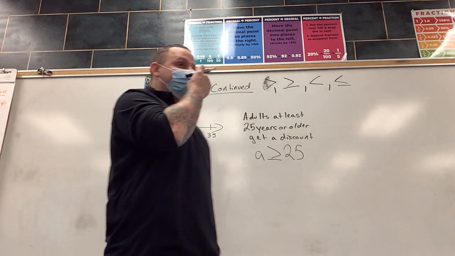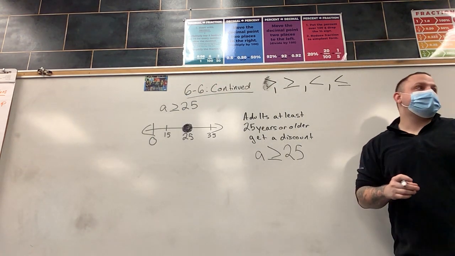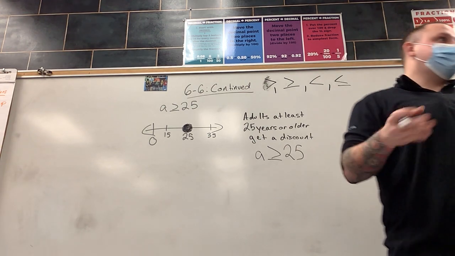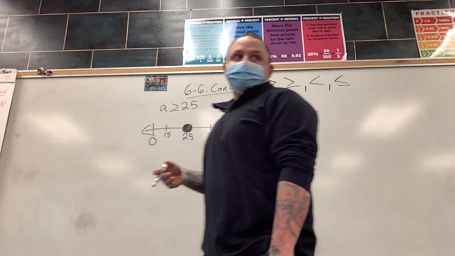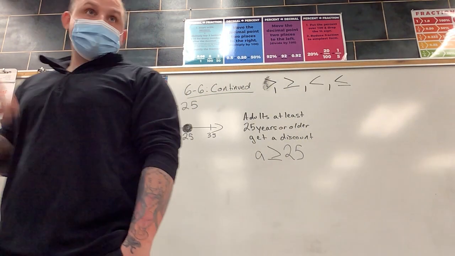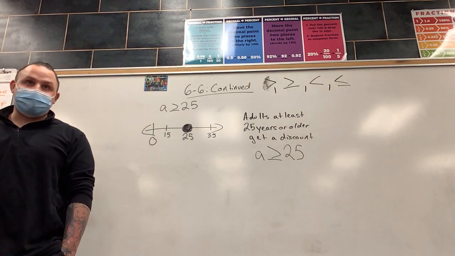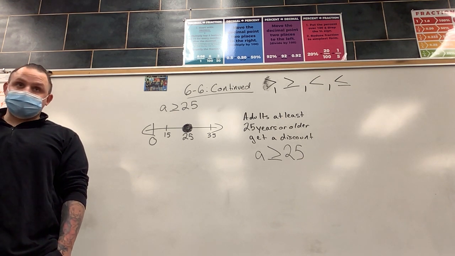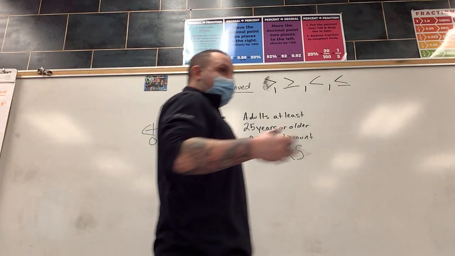Brooklyn. Greater than 25, or equal to 25. 50. Grace. Greater than or equal to 25. It's super simple. A number that's bigger than 25. Come on. 27. Anaya. 84.